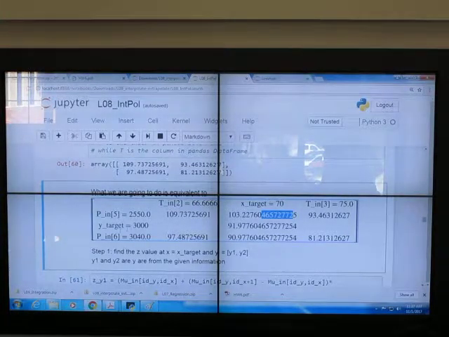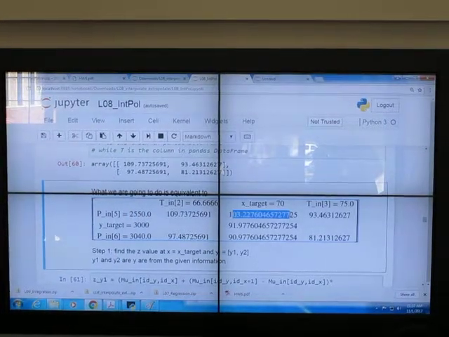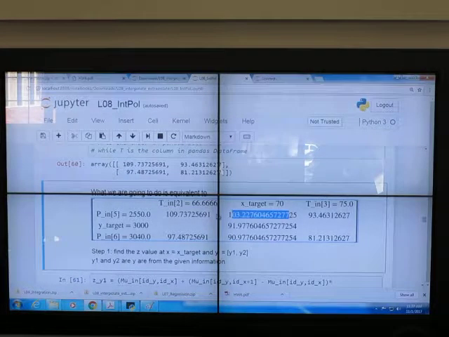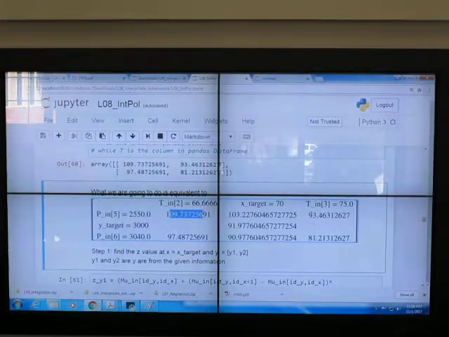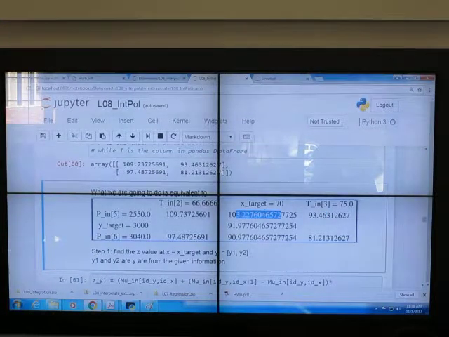We want to know at 3000, but we have the value at 2550. So first step, you ask yourself, even though it's not the target, it's a lower bound, at that point, what is the linear interpolation value at the temperature of interest, which is 70? So I do linear interpolation between that and that to get that value. That gives me the lower bound at 2550.